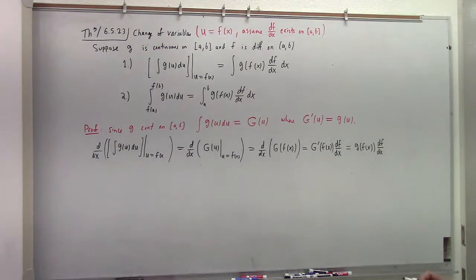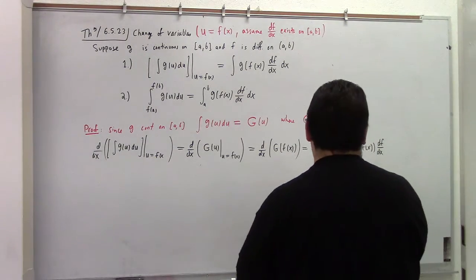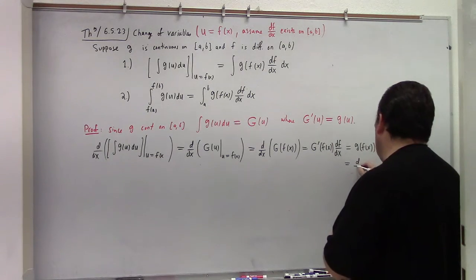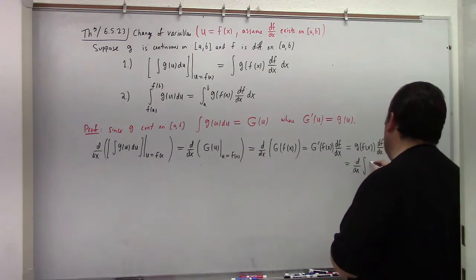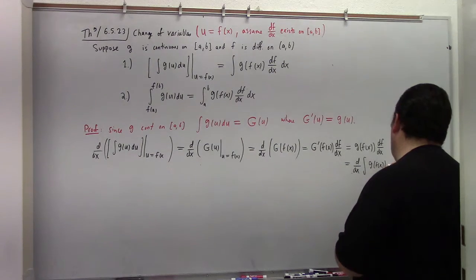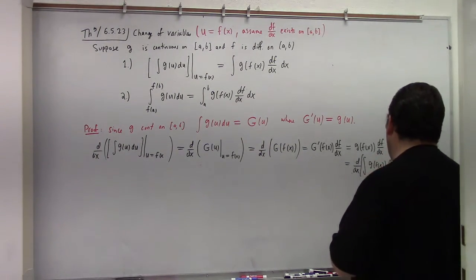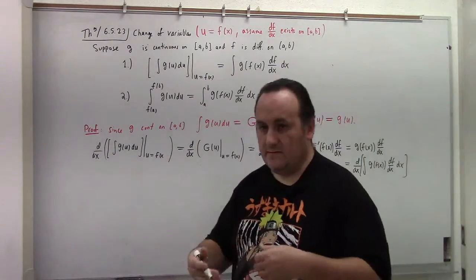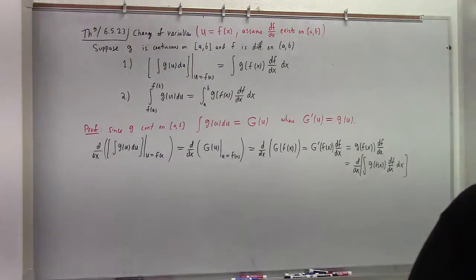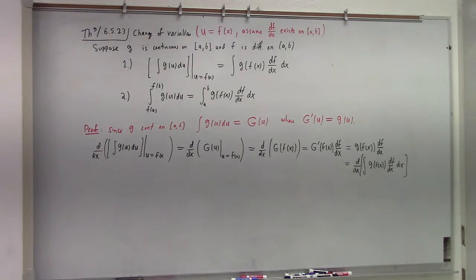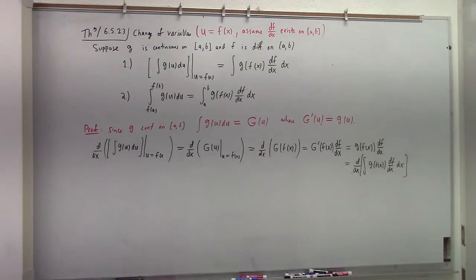But on the other hand, this is equal to the derivative of the integral of g of f of x df/dx, right? Because the derivative of any indefinite integral is just the integrand being integrated, right?